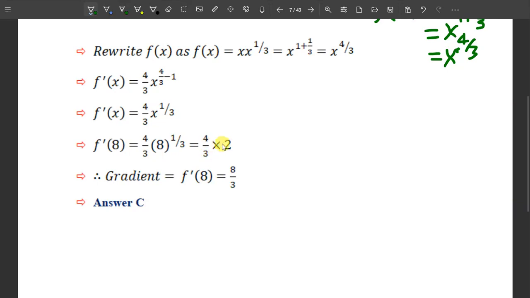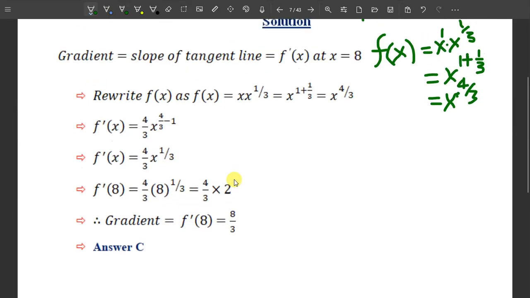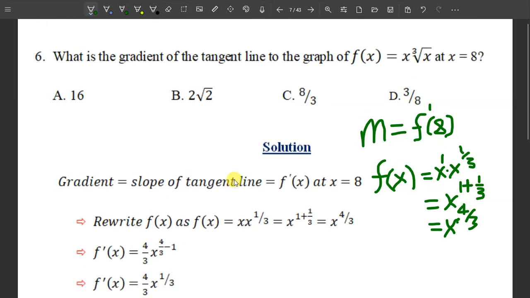Therefore, 4 over 3 times 2 means it is 8 over 3. The gradient of the tangent line of this function at x is equal to 8 is 8 over 3. Therefore, the right answer is 8 over 3. That is the slope of this tangent line.